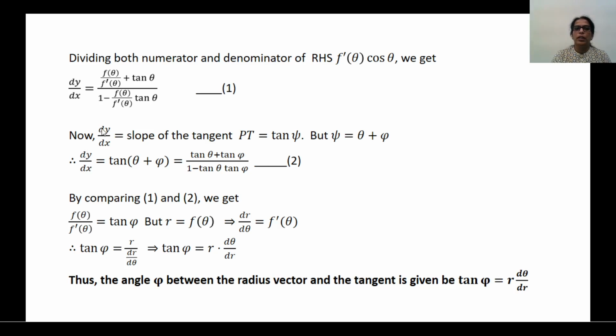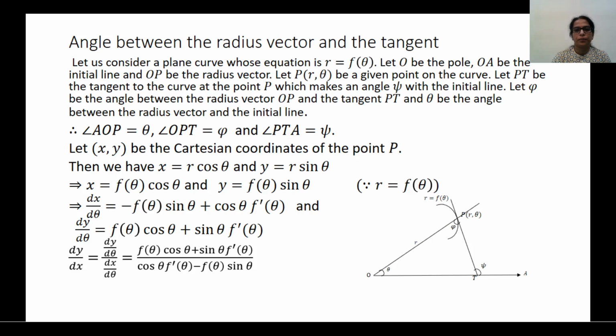Now dy by dx is nothing but the slope of the tangent PT, which is nothing but tan psi. But what is psi? Observe the figure. Psi is nothing but the exterior angle.